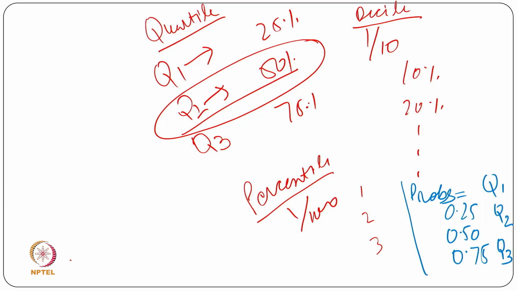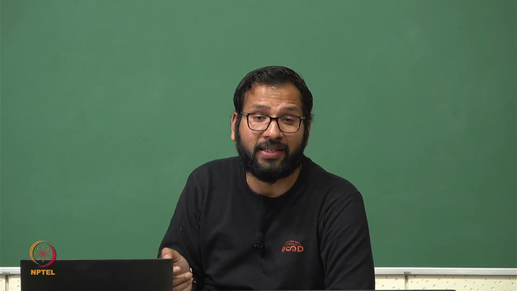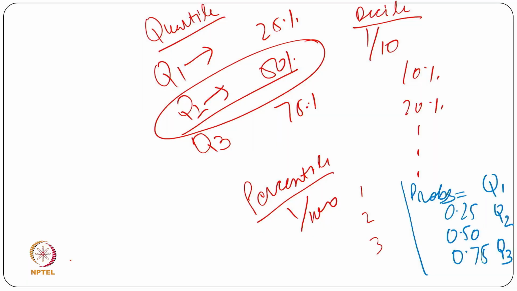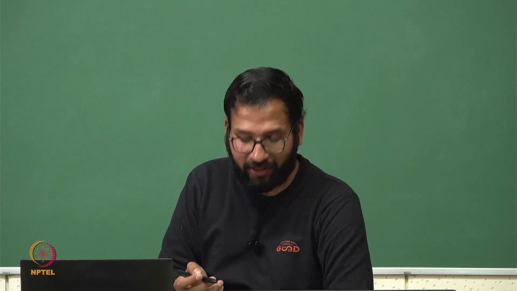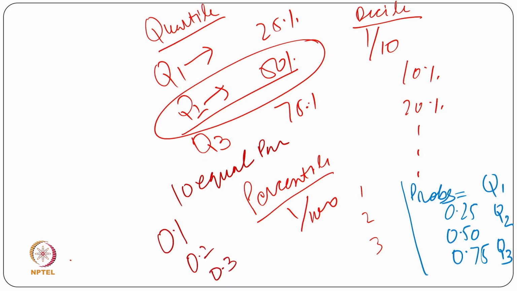All the details about this function are given in the help, but you can think about it: when we use 0.25, 0.50, 0.75 for Q1, Q2, Q3, what could it be for decile? Because decile divides into 10 equal parts, it will be 0.1, 0.2, 0.3.